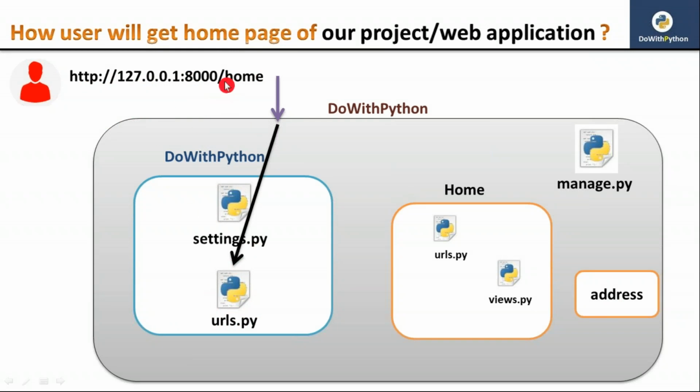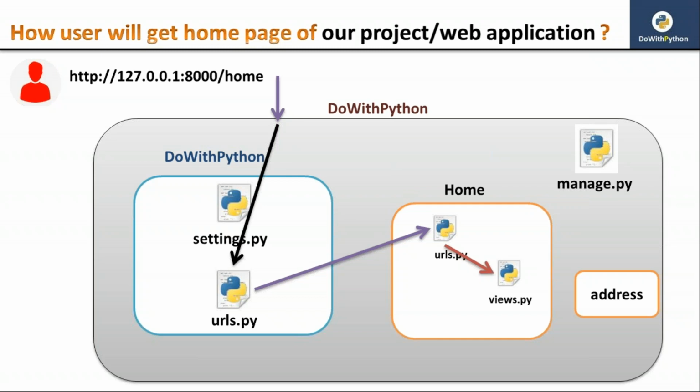As of now, it is related to home. So that's why your request goes to the urls.py of your home application. From there, this urls.py file will send the request to your views.py, so that finally you will get the response for your user URL.